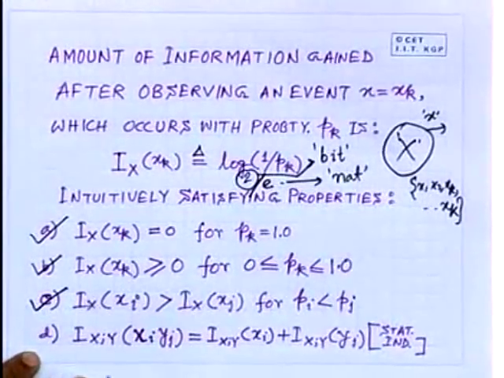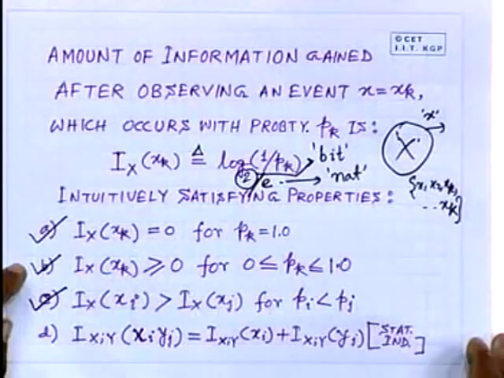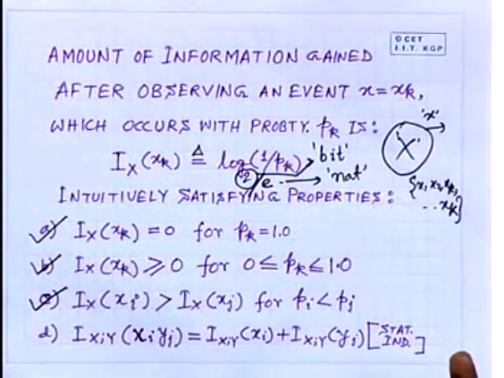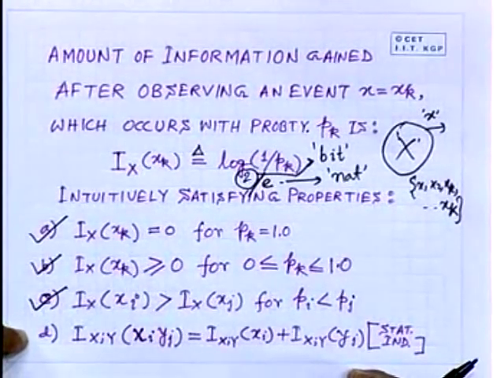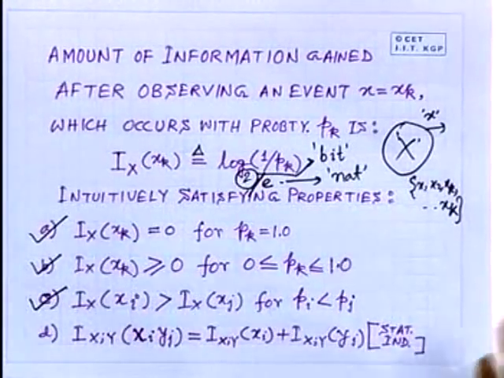The last one, which is specifically true for statistically independent experiments, a joint experiment, but the two experiment parts x and y, they are independent statistically. In that case, if I learn something from one experiment, and I learn something from the second experiment, and if the two experiments were independent of each other, then is it not that I learn something from the first one plus something from the second one?